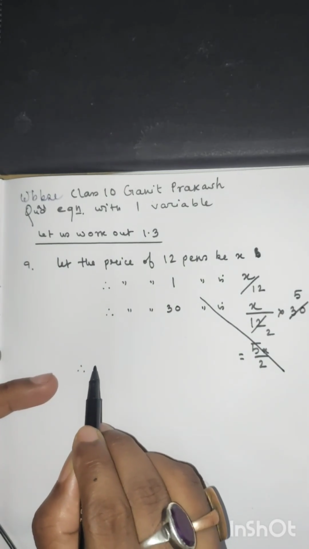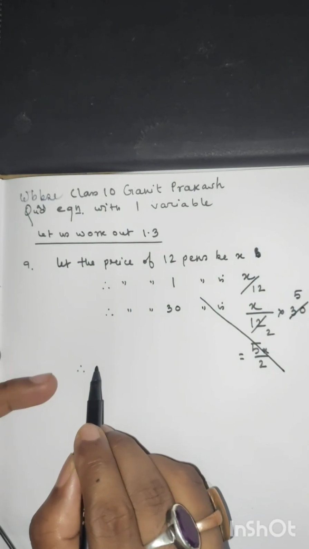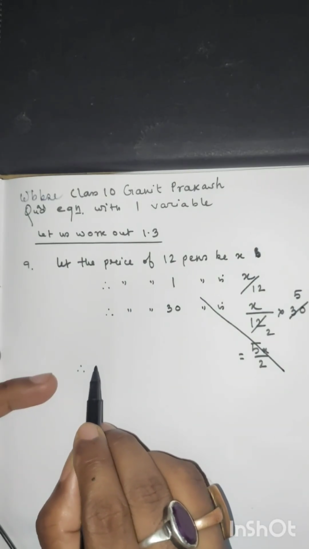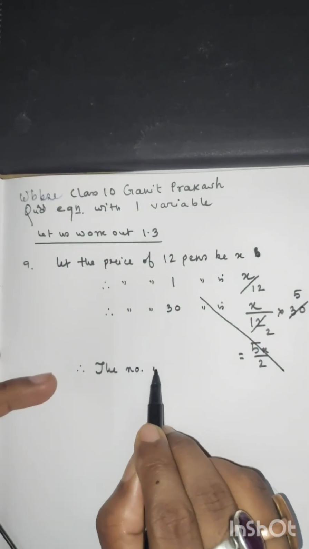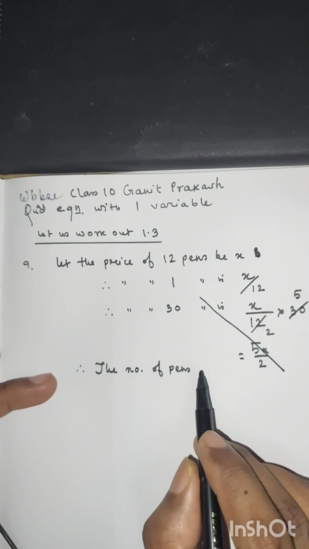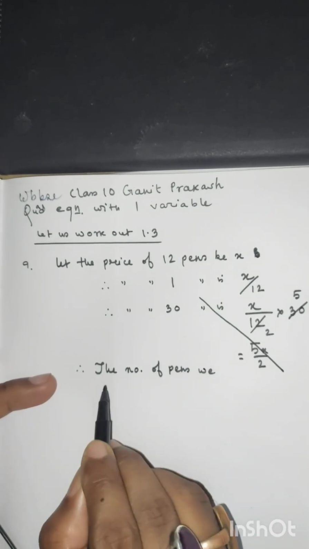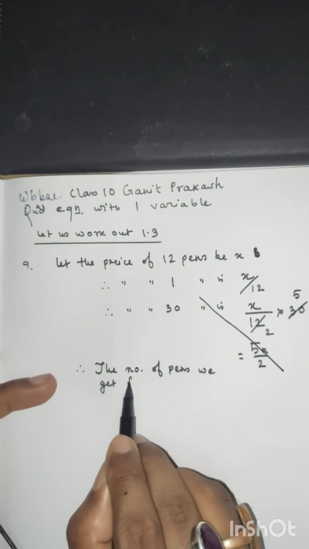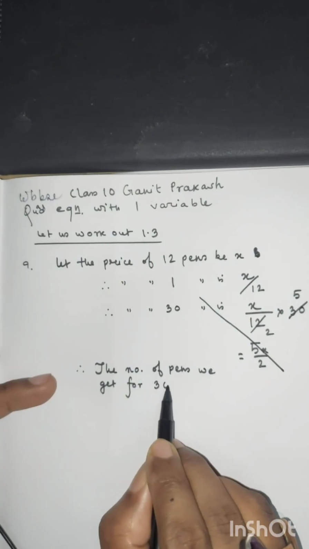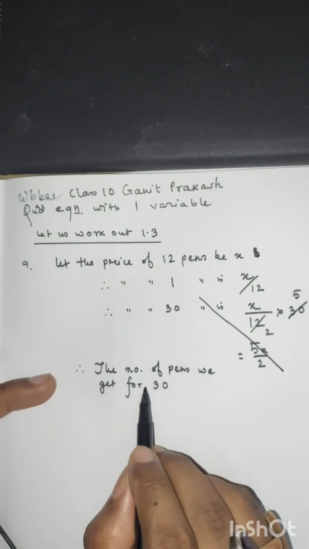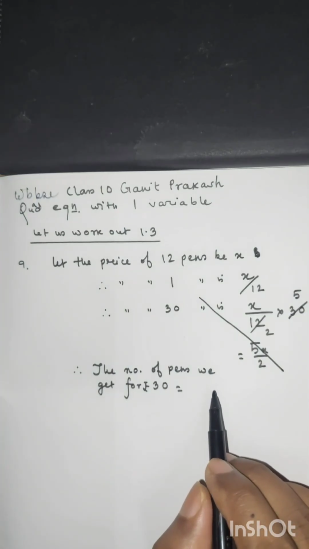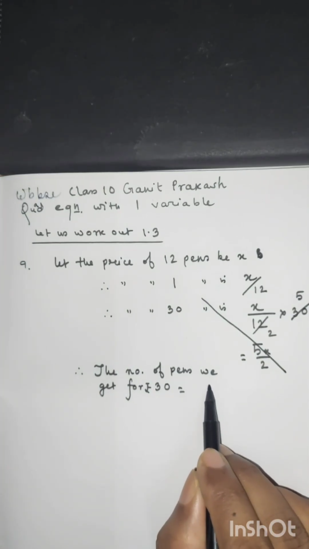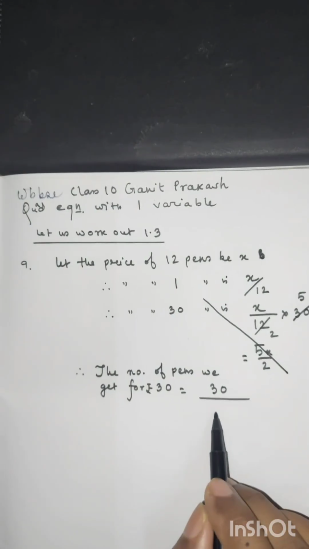Therefore, the number of pens we get for rupees 30 is equal to 30 by the cost of 1 pen.